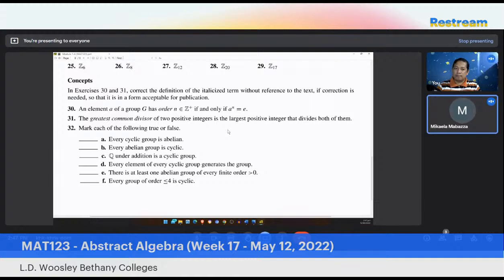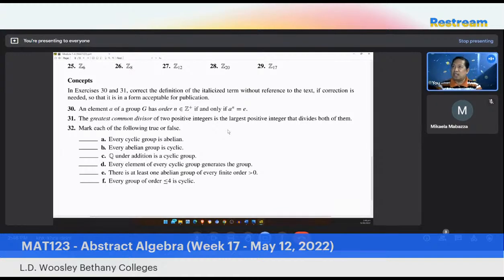Parang false. So there's an order n of element positive integers if and only if a raised to n is... Kaya ba, sir, yung e, identity? Yes, it's an identity element.